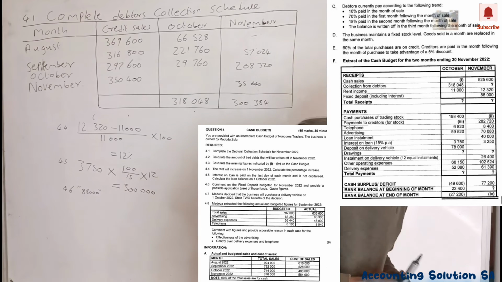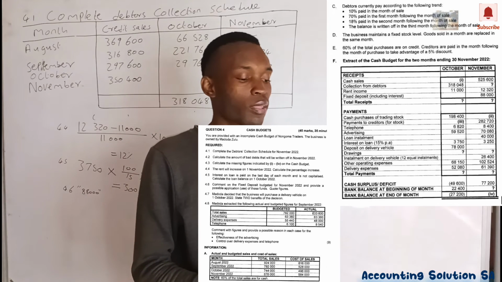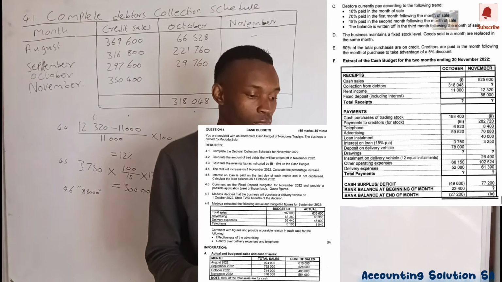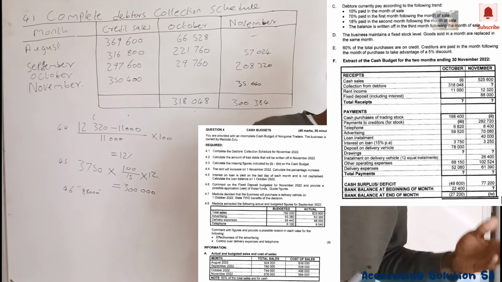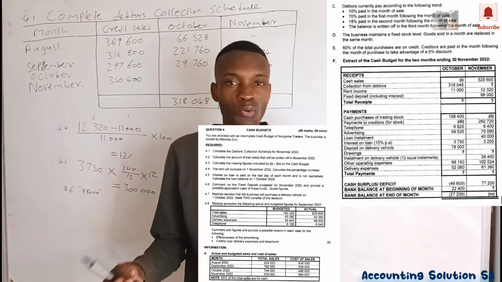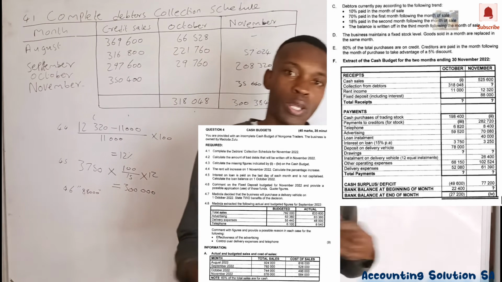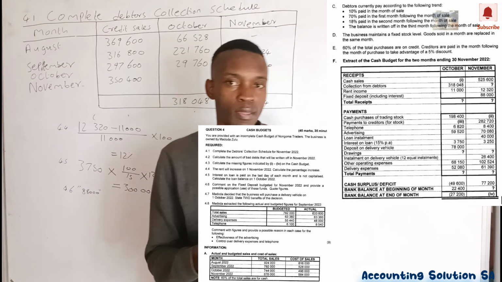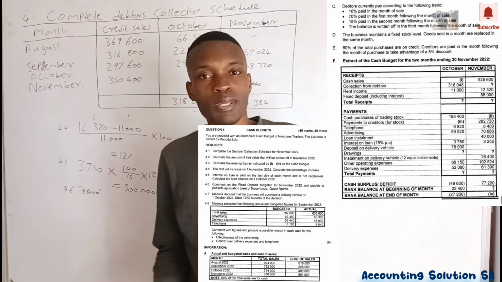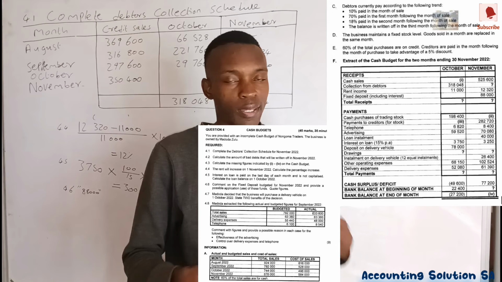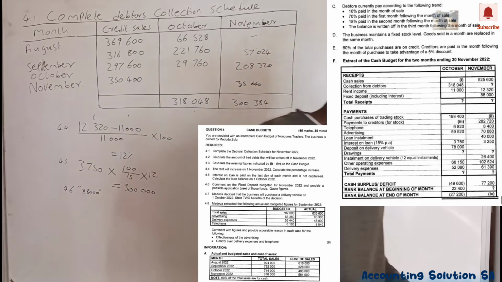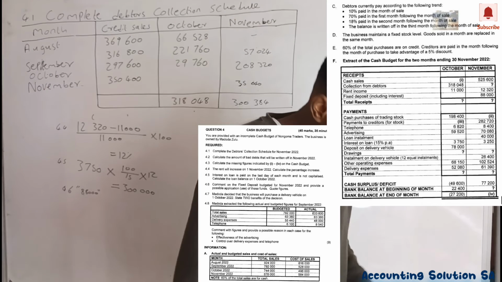The possibility for this actual amount, which is very low compared to the budgeted one, is that they probably advertised to the wrong people or to the wrong target market. That's why most of them didn't come in and purchase, or maybe their advertisement is not really encouraging people to buy. Then what about delivery expense?